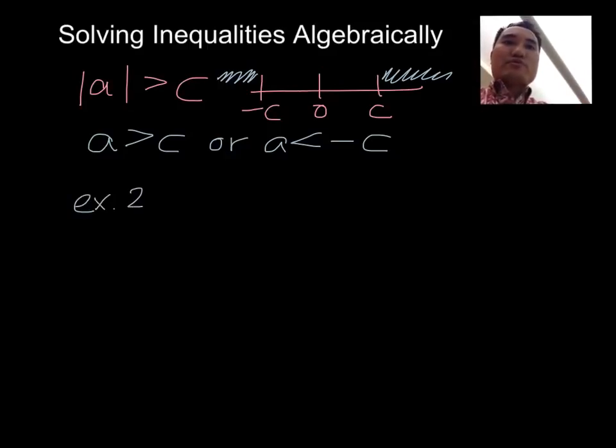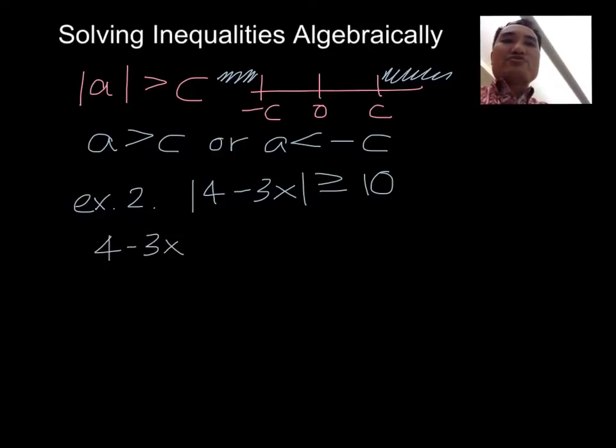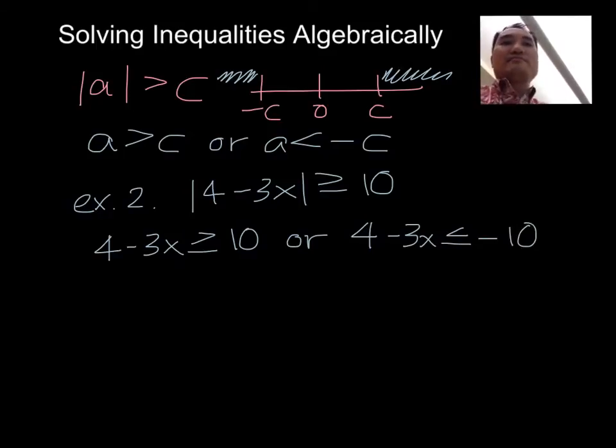Example 2. Example 2 will be the absolute value of 4 minus 3x is greater than or equal to 10. So following the rule above, we have 4 minus 3x is greater than or equal to 10, or we have 4 minus 3x is less than or equal to negative 10.